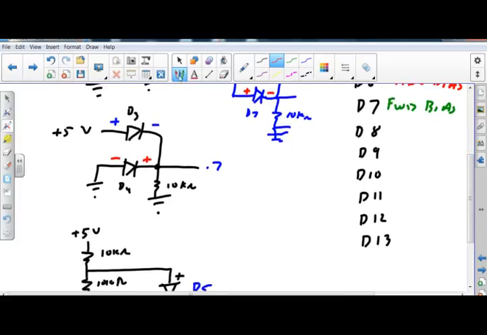And moving down to number four, E, and I've got 5 volts, 5 volts, 5 volts, and 3 diodes that are reverse biased.